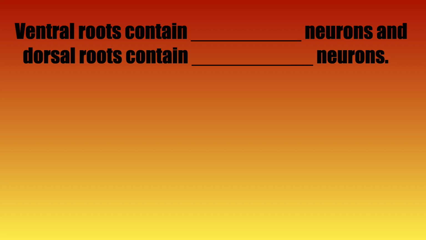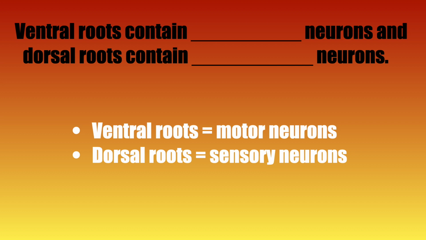Ventral roots contain blank neurons and dorsal roots contain blank neurons. The answer is ventral roots contain motor neurons and dorsal roots contain sensory neurons.